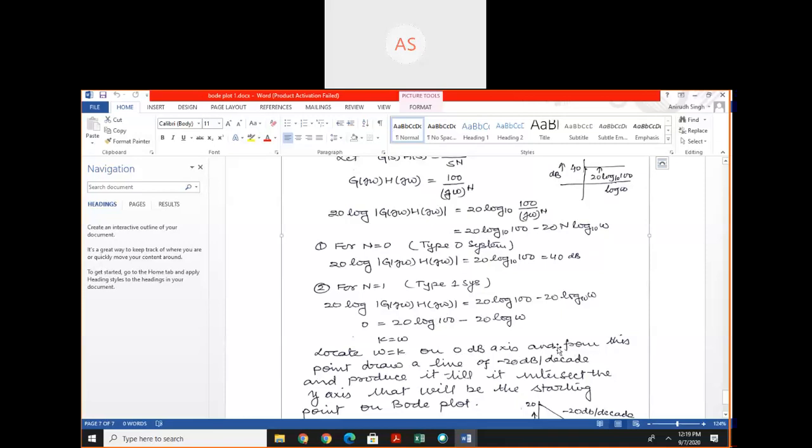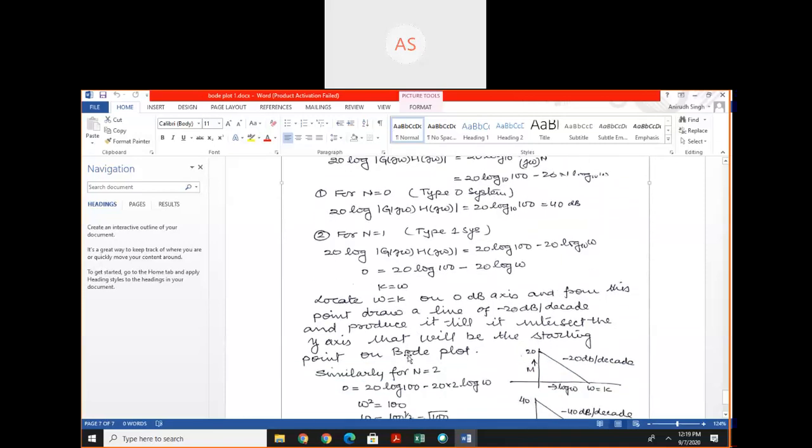From this point, omega equal to K, which means omega is equal to 100, we draw a line of minus 20 dB per decade, because there is one pole at origin, and for one pole at origin the slope is minus 20 dB per decade.